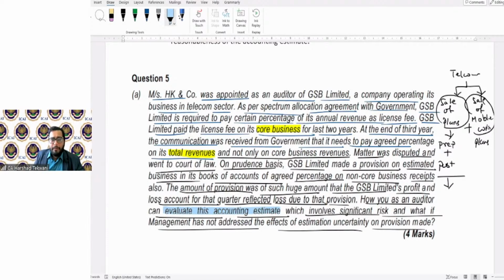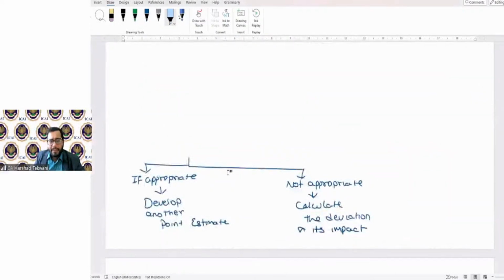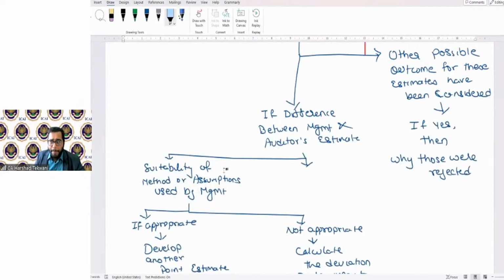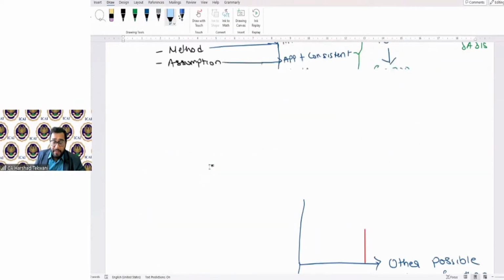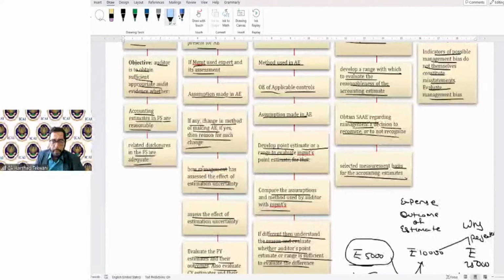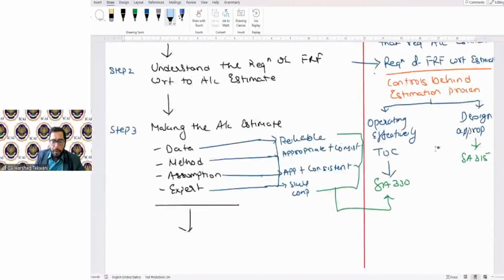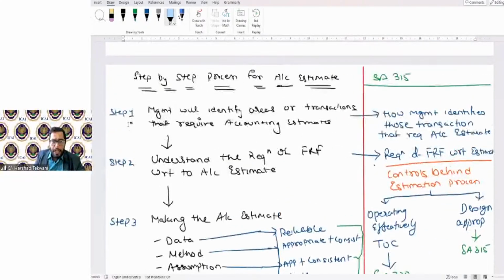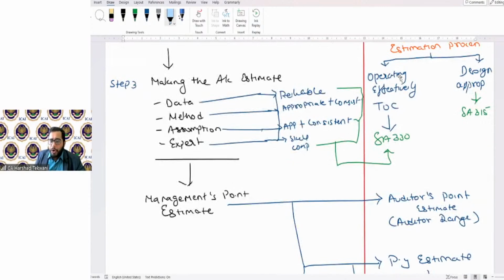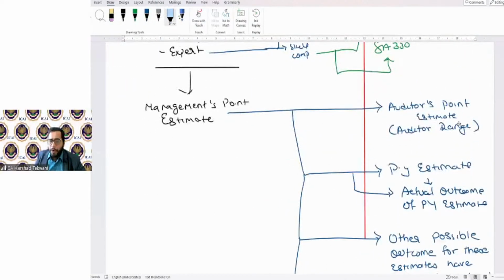So remember we discussed this particular thing when we were discussing the application of SA 330 and 315. So when we talk about evaluation of accounting estimate: how management identifies those transactions, requirement of FRS, controls, design and operating effectiveness, auditor's point estimate.